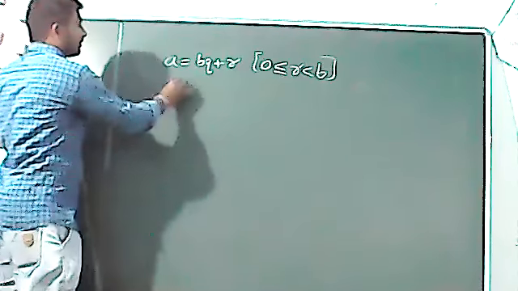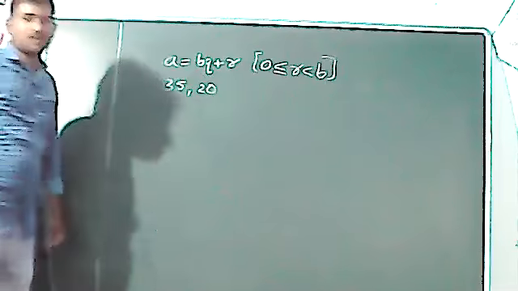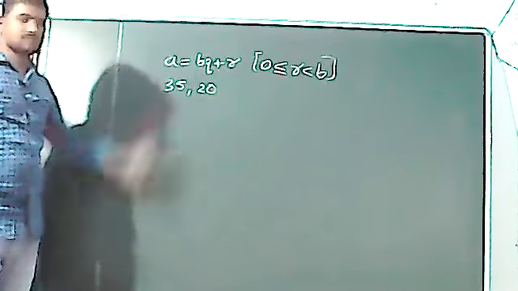For example, 35 comma 20. What is the process we need to find the HCF of these two numbers? First what we do?